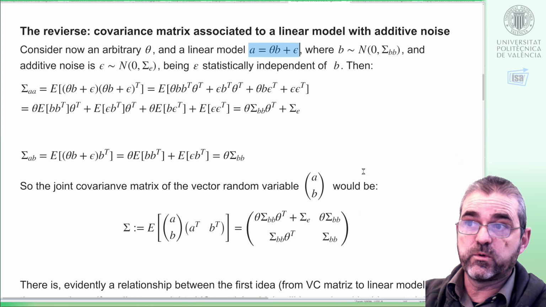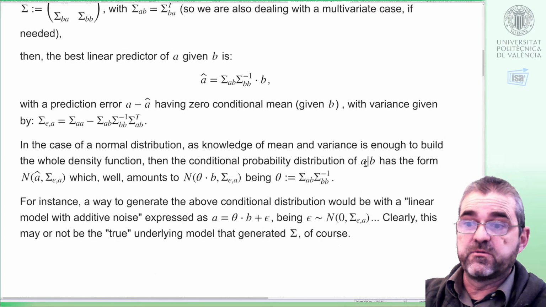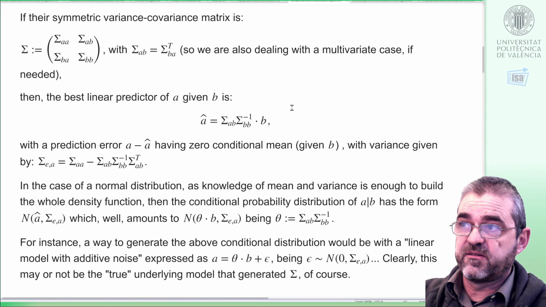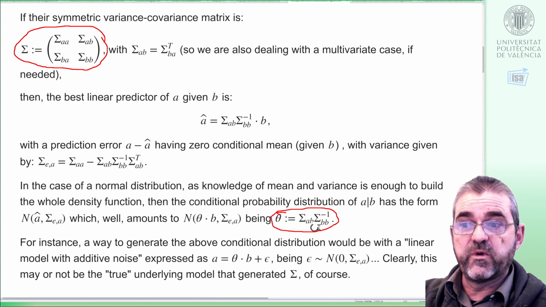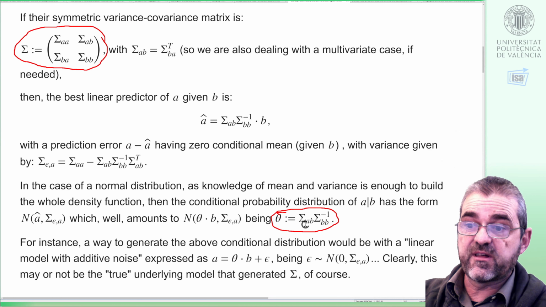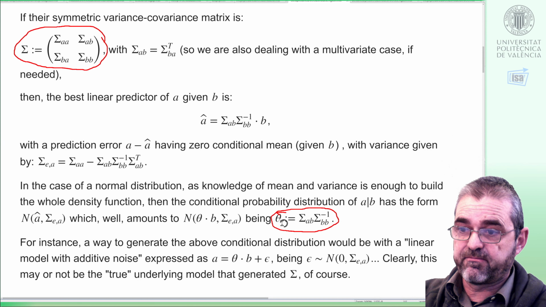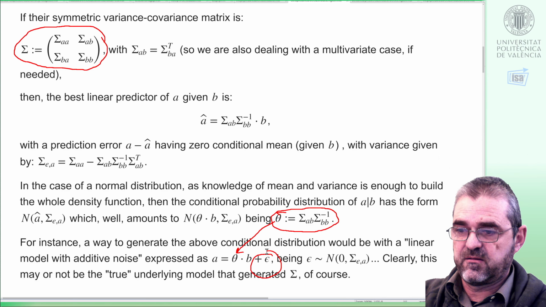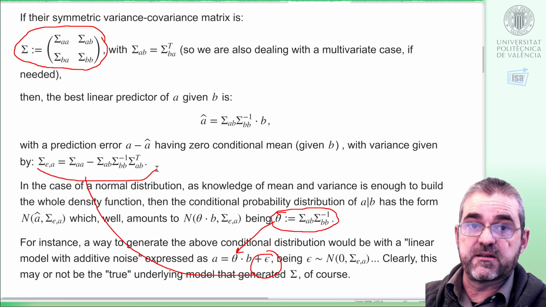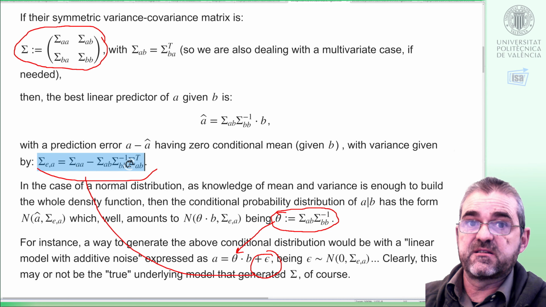And to conclude, we saw in the first part of this video that given a covariance matrix, we can build a linear model with additive noise, so the parameter theta is covariance times inverse of variance of input, and the additive noise has this covariance matrix, or just variance if it's scalar.